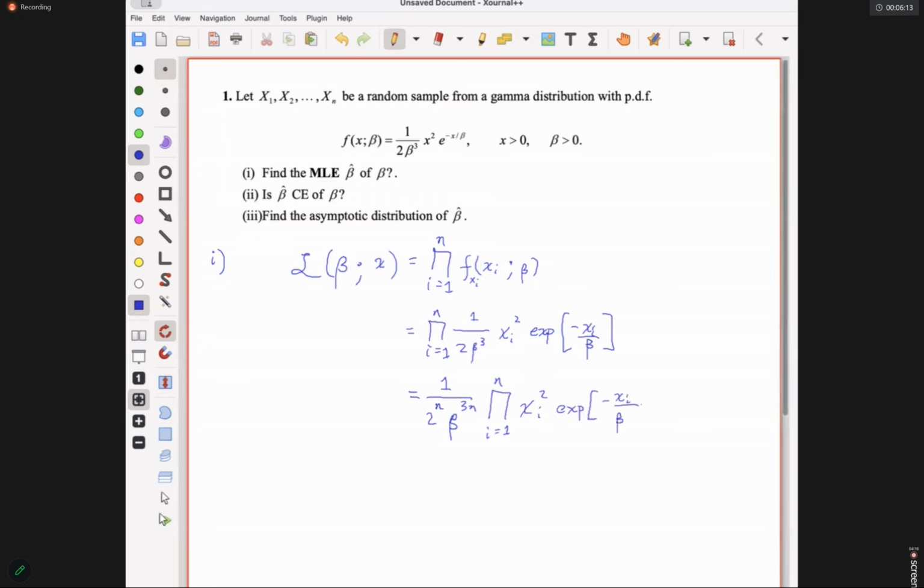Okay, and what other simplification can I do? I can't cancel an exponent. I'm not taking a logarithm yet. But there is a way that I can simplify this product over all of those exponentials.